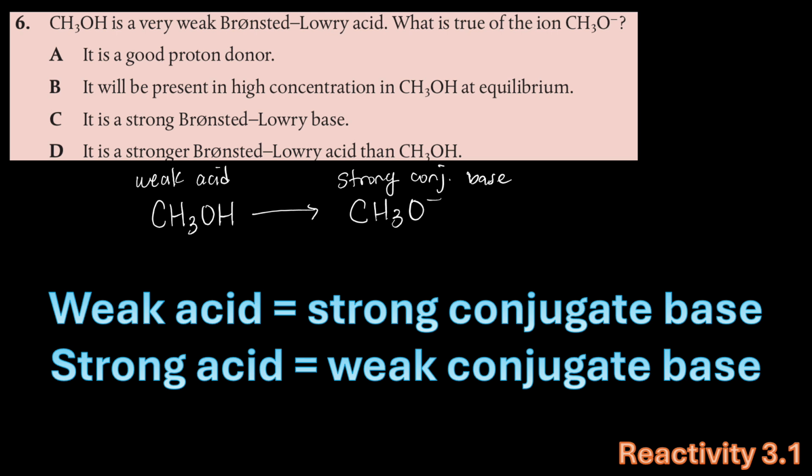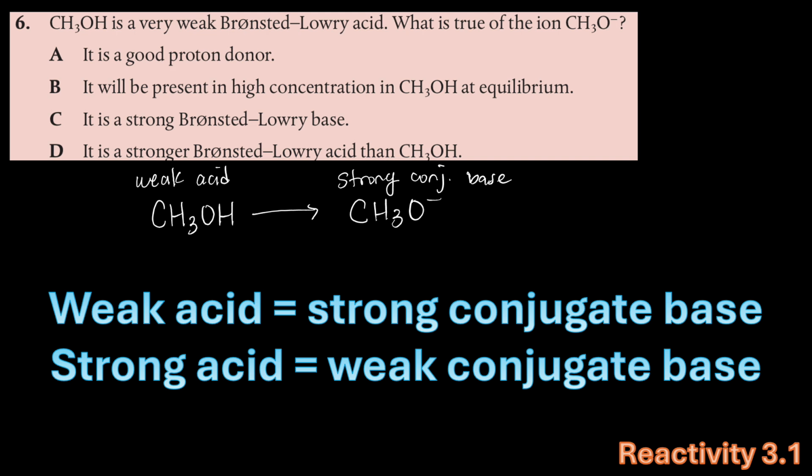Now, if you didn't already know this, when you have a weak acid, you're going to have a very strong conjugate base. And if you have a strong acid, you're going to have a weak conjugate base. Now, the reason for that is a weak acid does not completely ionize in solution, which we talked about in the previous slide. And because it only partially dissociates, the acid has a low tendency to donate protons.